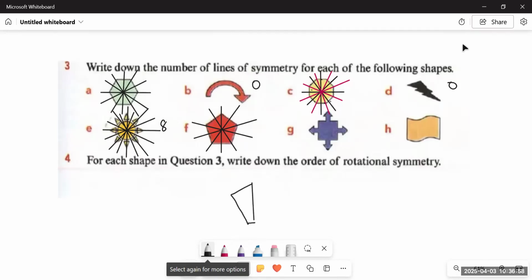And then we have a square along with arrows on every side. So we will have 1, 2, 3, and 4. 4 lines of symmetry. Because when we fold it straight, we will get a shape like this.